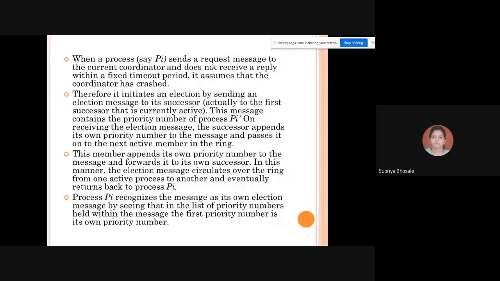They initiate election by sending the election algorithm to success on ahead. मी तुम्हाला क्लॉक त्यामध्ये so the success currently active this contains the team PI receiving the success its own repeater to message and process to the in the ring.